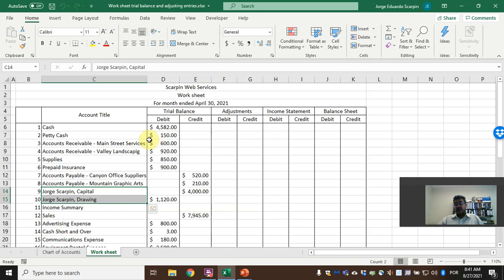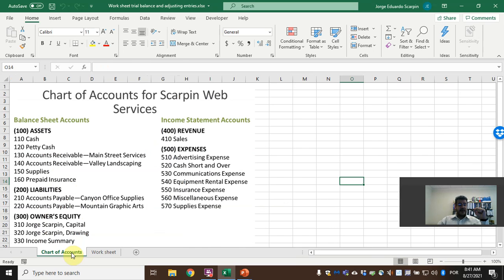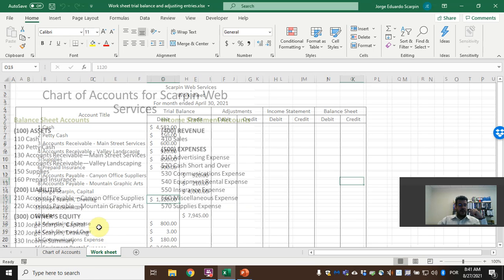And we just transcribe here our ending balance. Remember, assets, normal balance is debit. Liabilities, normal balance is credit. Owner's equity, normal is credit, but drawing is debit. Income summary, here we have no balance.